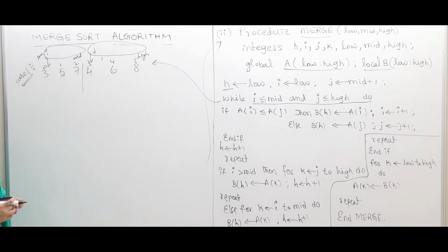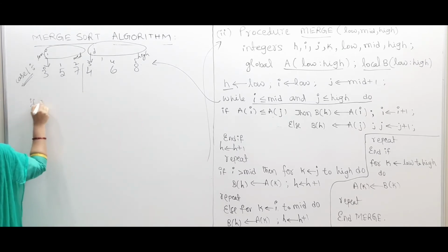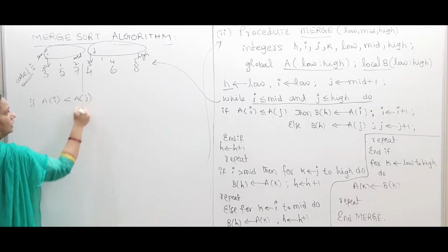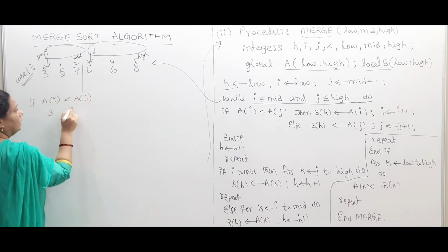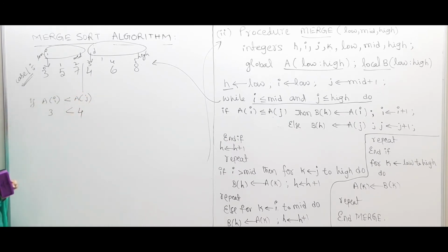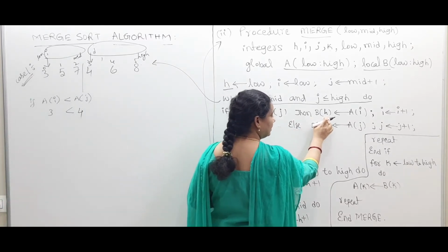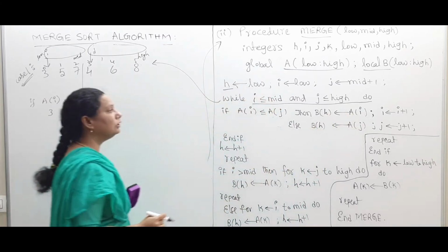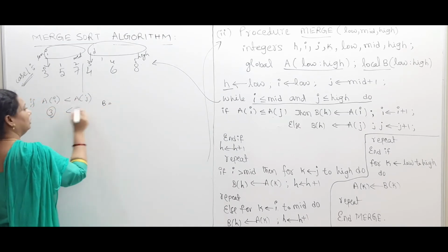What is that exchange? You can observe, if A of I is less than A of J. What is A of I here? 3 is less than 4. What happens? I told you that when we are doing the sorting, the temporary elements are going to be stored in B. A of I is stored in B, so now my B array will be equal to 3.